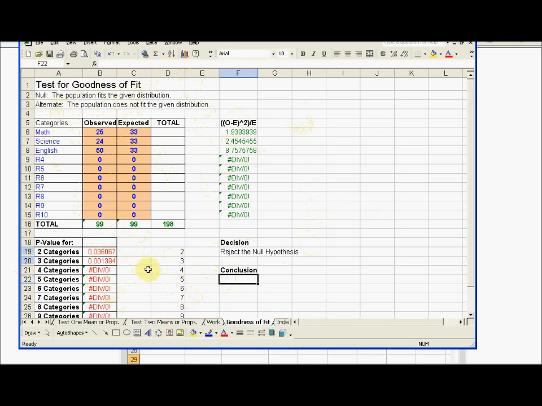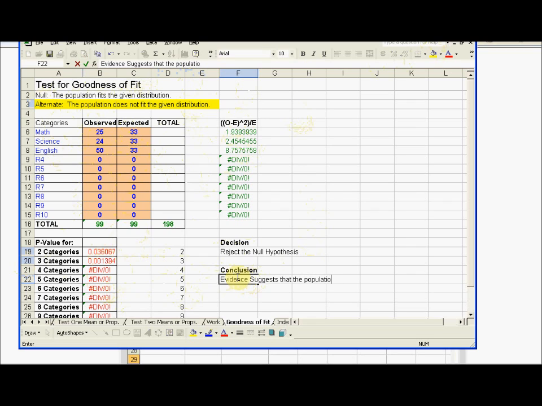Then the conclusion, if we are rejecting this null hypothesis, that means that we're kind of saying yes to the alternative hypothesis. We never say accept, but we can say that the evidence that we have suggests that the population does not fit the given distribution.